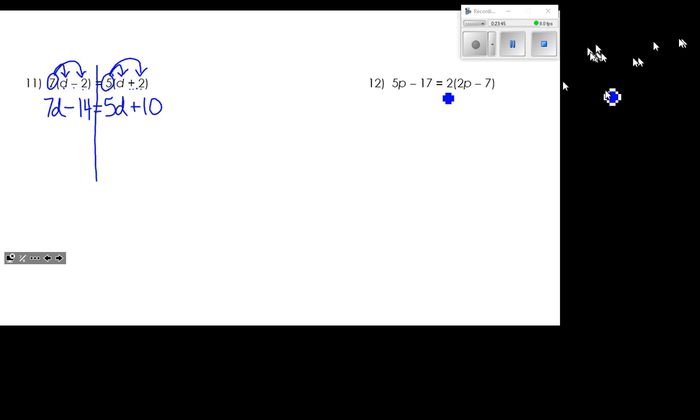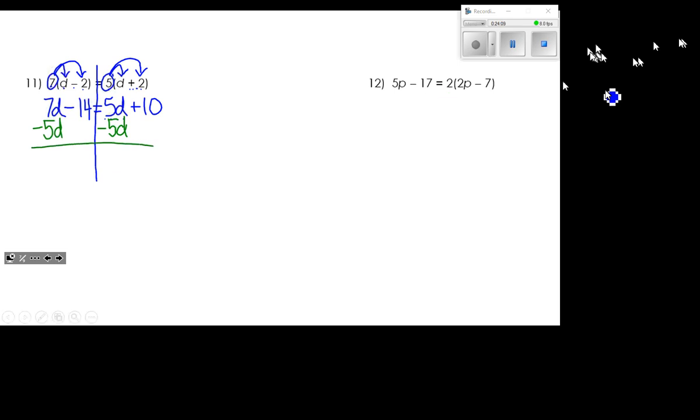I'm going to combine my variables now. I like to get all of the variables on the first side. So I see that I'm going to move the 5d so it can join up with the 7d. And to move it to the other side, I have to do the opposite. So I'm going to subtract 5d on both sides.